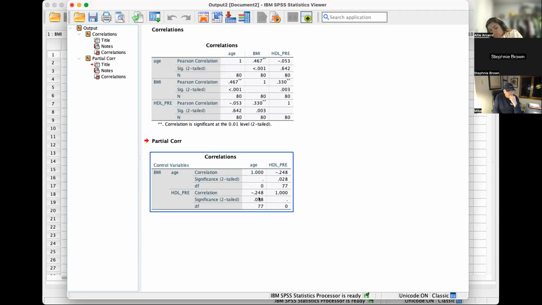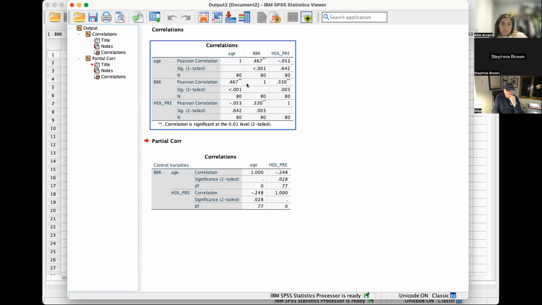So this clues us into the fact that, in order to really get a good look at the relationship between age and HDL at baseline, we really should have BMI in our model, and probably vice versa.